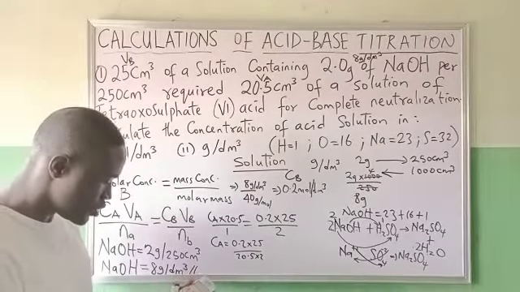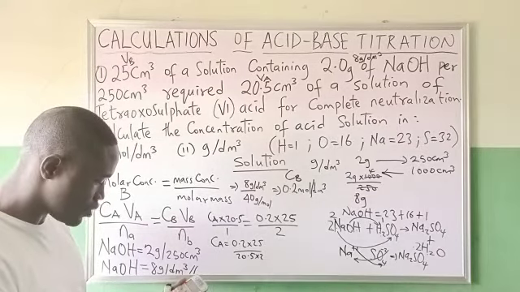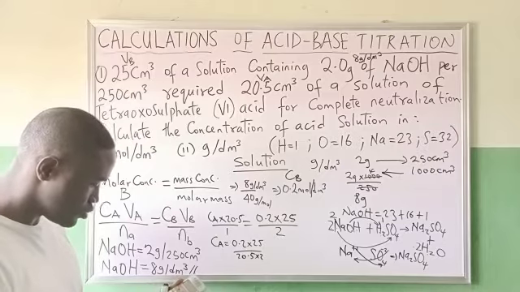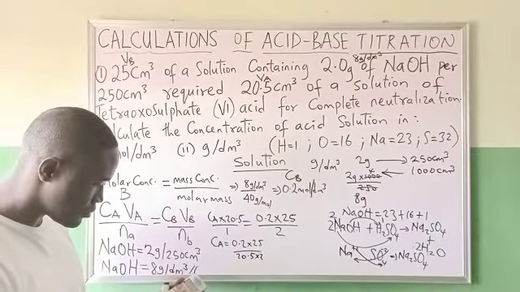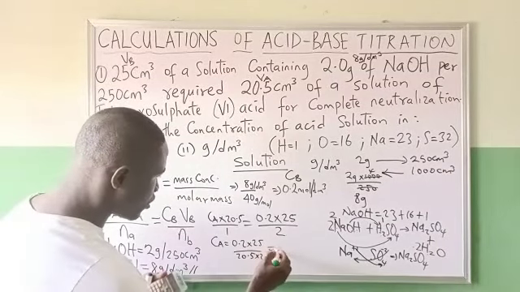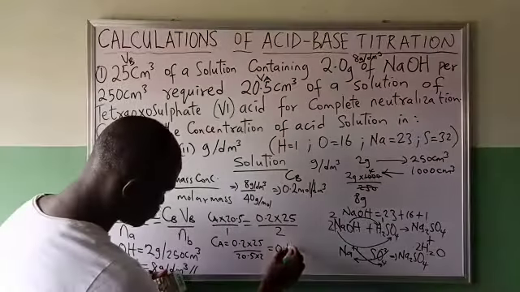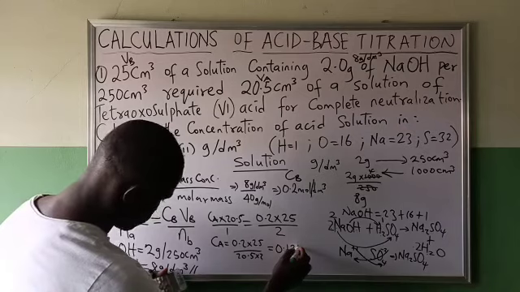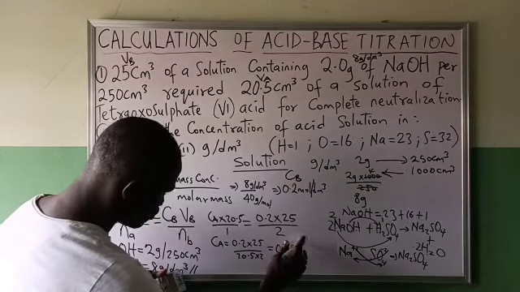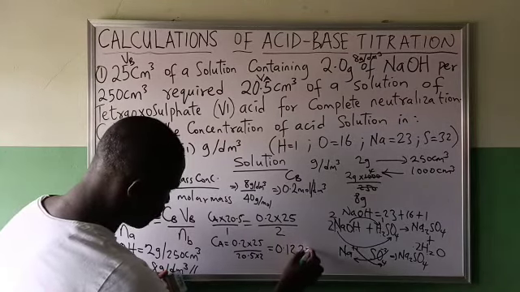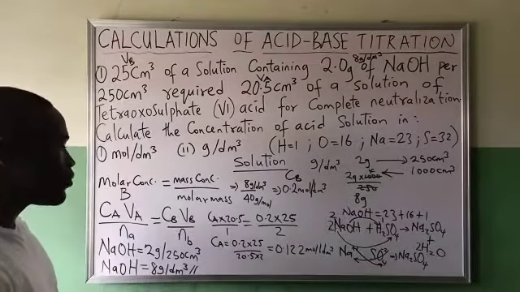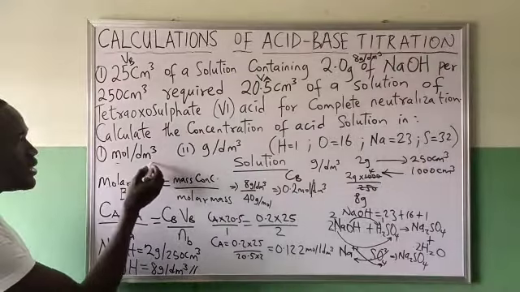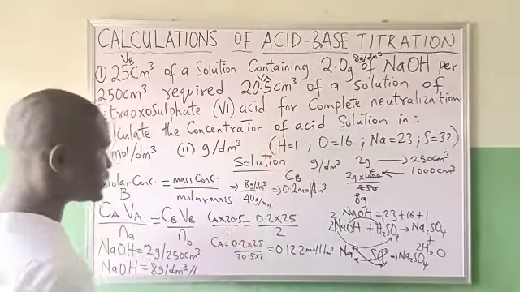So we say 0.2 times 25 divided by 20.5 times 2 in bracket. That will be giving us 0.122 approximately mole per dm cube. We have gotten our mole per dm cube, that is concentration of the acid.